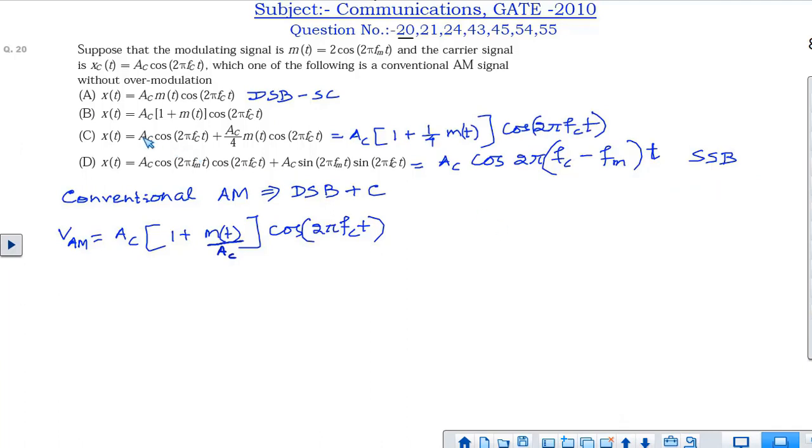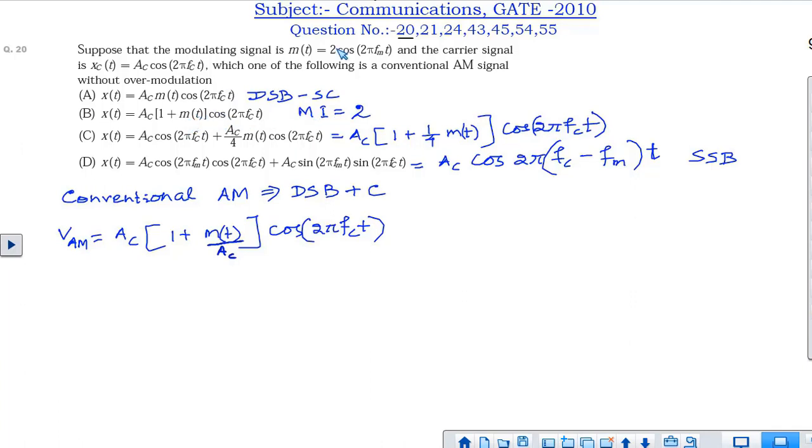Next, if you see in option C, we can take Ac common, then we will represent the signal as represented here. Here if you see, the modulation index is nothing but 1 by 4 and m(t) amplitude is 2. So 1 by 4 will be multiplied by 2. This is the modulation index. Next, if you see in option B, we can find out the modulation index.